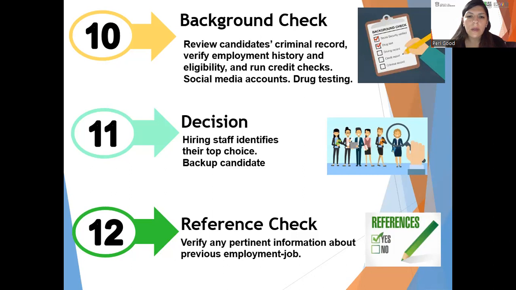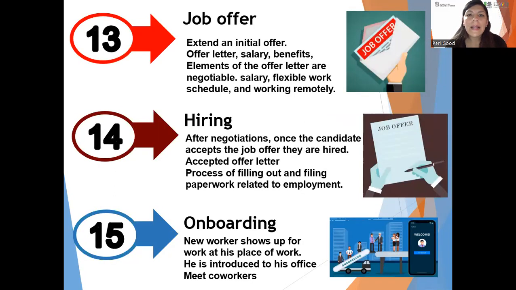And step 12 is the reference check, where the HR team verifies any pertinent information about the previous employment. And the next step of this process is the job offer. When you are selected, they have to extend an initial offer.